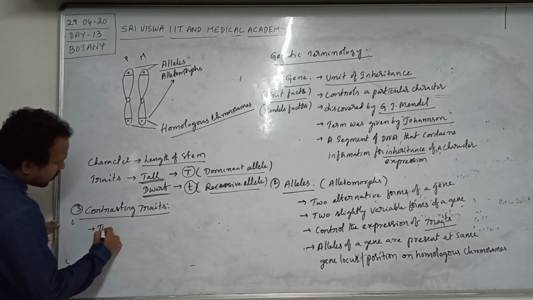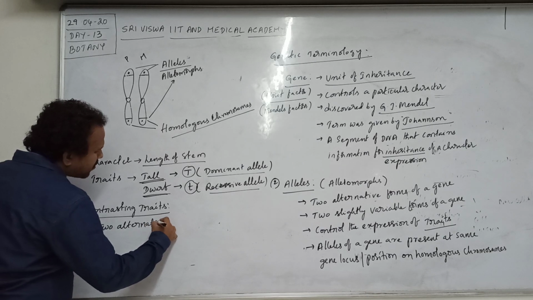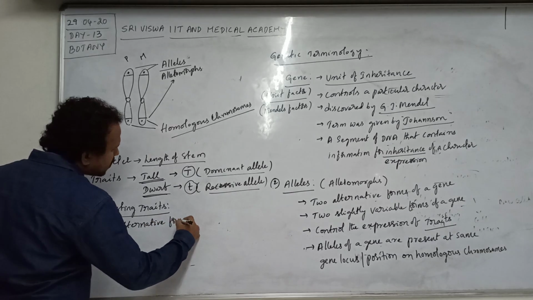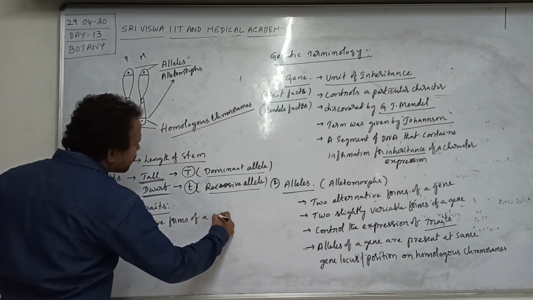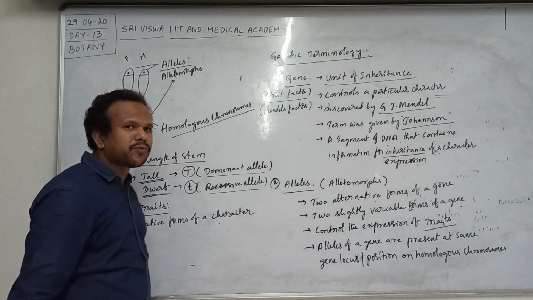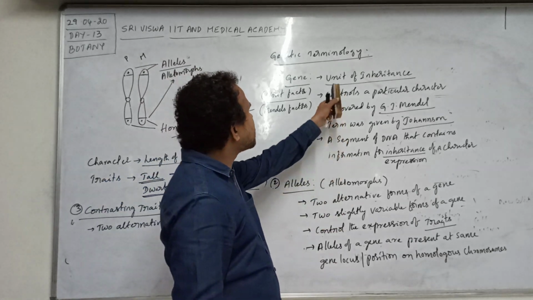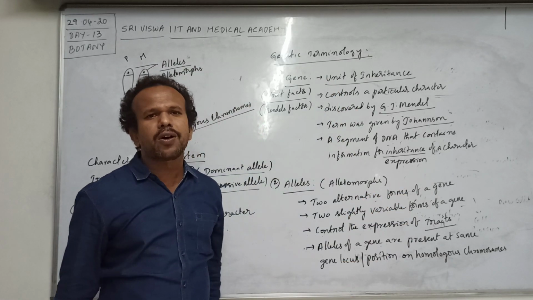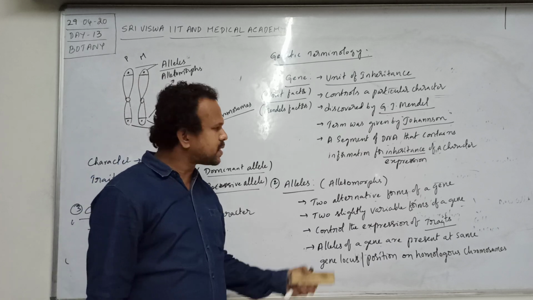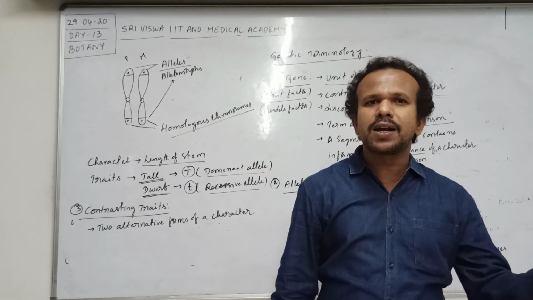Contrasting traits are nothing but two alternative forms of a character. Each character is having two alternative forms. For example, with reference to the length of the stem, two alternative forms are tall and dwarf.